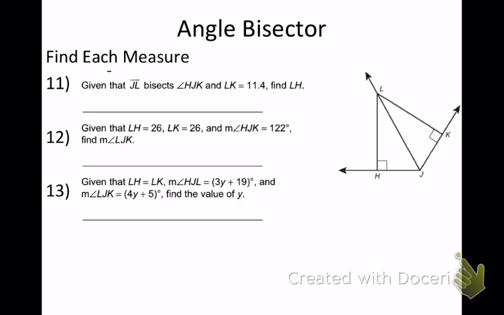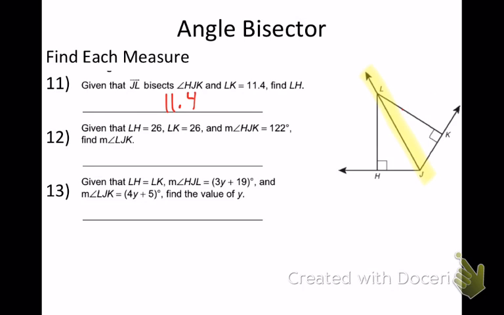Take a couple seconds, try these three on your own. Same idea. All right, let's look at number 11 here. Given that JL bisects the angle, LK is 11.4. I want to find LH. Ty, what's LH going to be? 11.4. Nice job, sir. Yep, it's going to be the same.